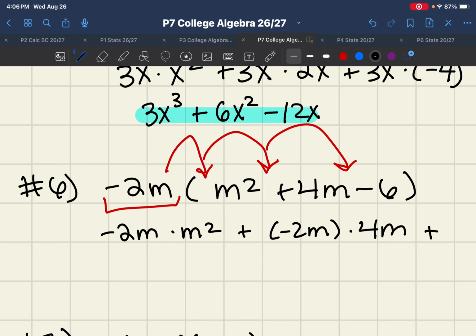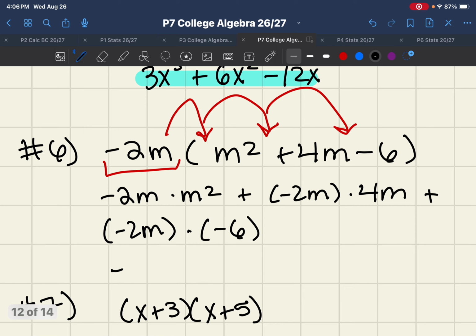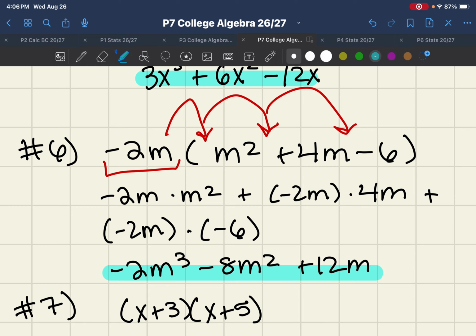Okay, plus negative 2m times negative 6. Well, this becomes negative 2m cubed minus 8m squared plus 12m. That is my answer. Notice how even though they are all m's, they have the same base, they don't have any matching power, so we can't combine any terms together.